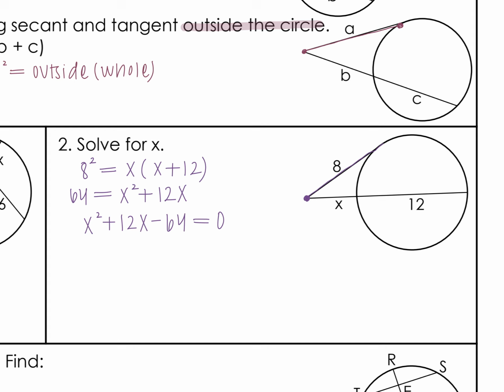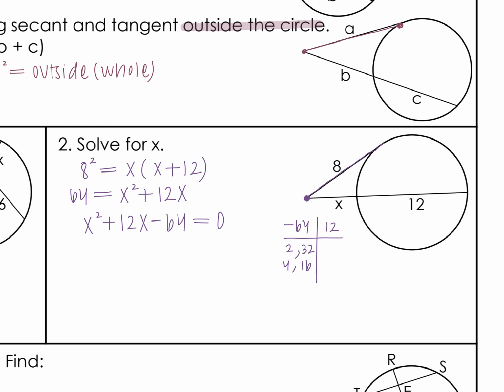From there, remember you're looking for two numbers that will multiply to give you that negative 64, but will add up to give me the positive 12 that I need. So just breaking down into some possible factors, I'm not going to worry about that negative quite yet. I'm going to just think of two numbers that will multiply to give me 64. So I have 2 and 32. I could have 4 and 16.